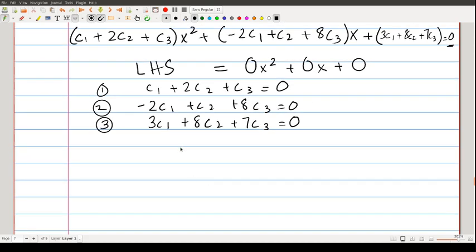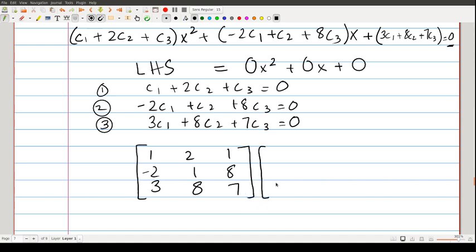And all you need to do is convert it into a matrix vector equation. So 1, 2, 1, minus 2, 1, 8, 3, 8, 7, multiplied with c1, c2, c3 equals 0, 0, 0.